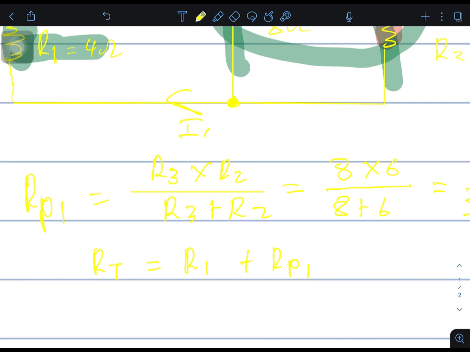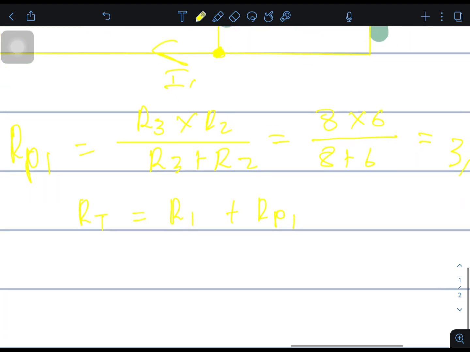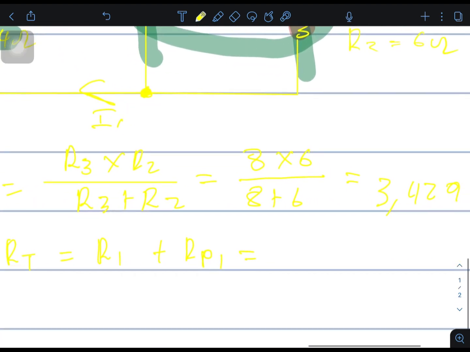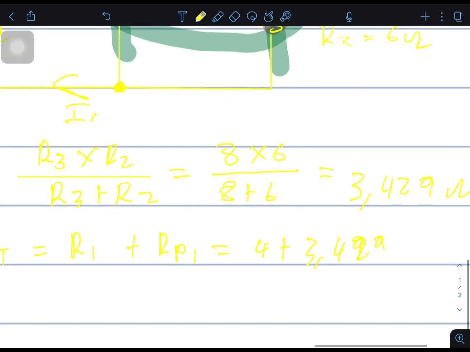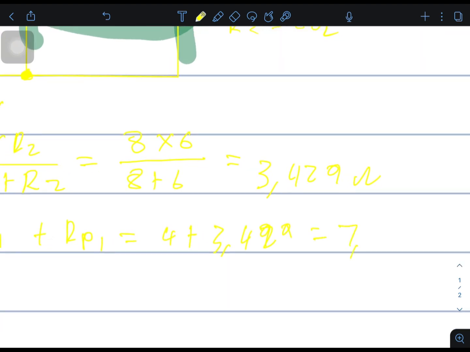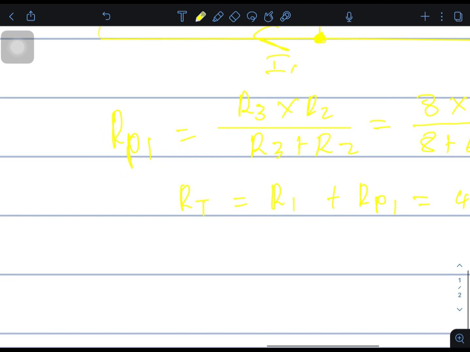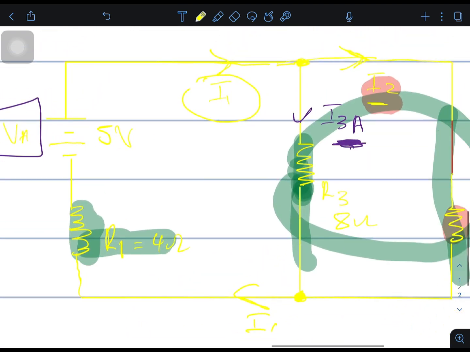R1 is 4 ohms, so 4 plus 3.429 gives me 7.429 ohms.